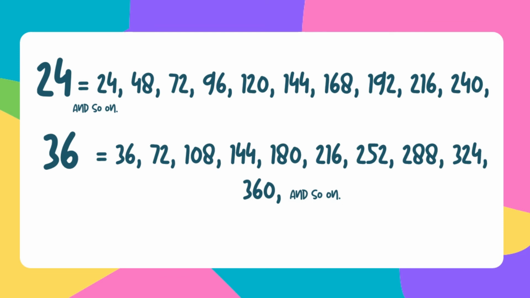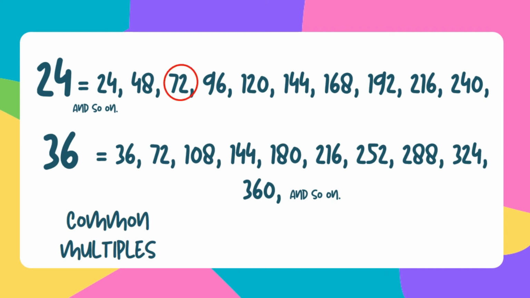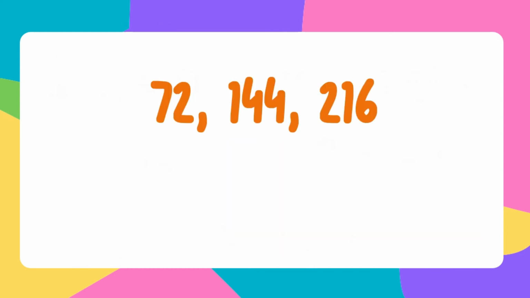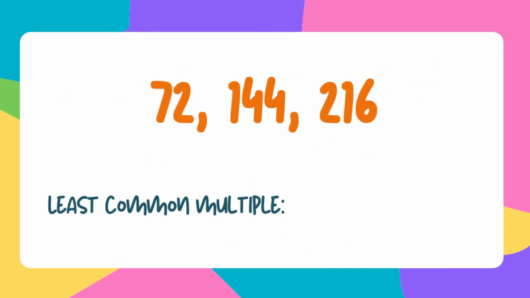Based on the multiples of 24 and 36 presented, their common multiples are 72, 144, and 216. Therefore, the least common multiple of 24 and 36 is 72.